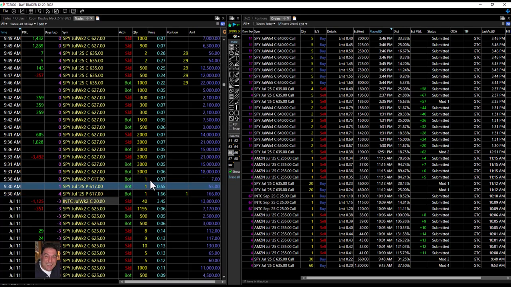But for me, it makes sense to have it already juiced up and ready to go when I'm going to trade something in the morning. If I see something I want to trade, I put in a market order and I just get one. Whatever I trade is probably either going to make me $1,000 or lose $400.